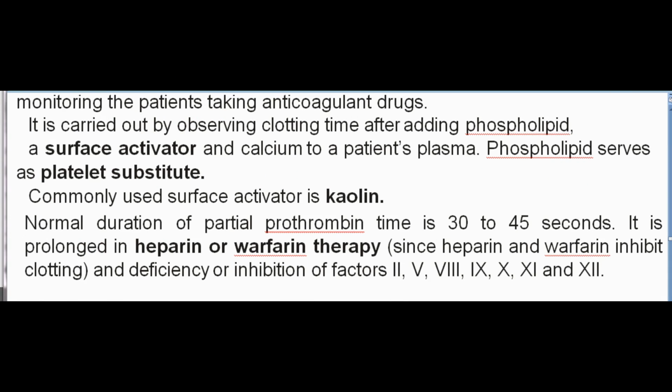It is carried out by observing clotting time after adding phospholipid, a surface activator and calcium to a patient's plasma. Phospholipid serves as platelet substitute. Commonly used surface activator is kaolin. Normal duration of partial prothrombin time is 30 to 45 seconds.